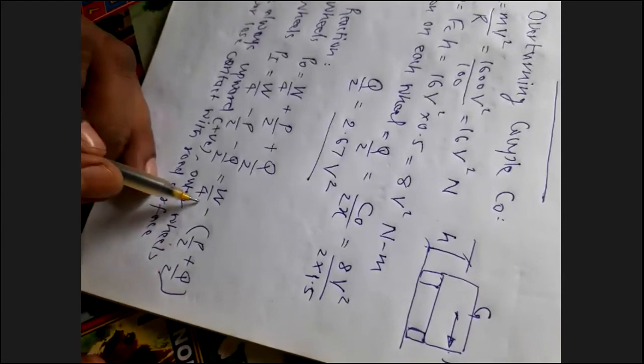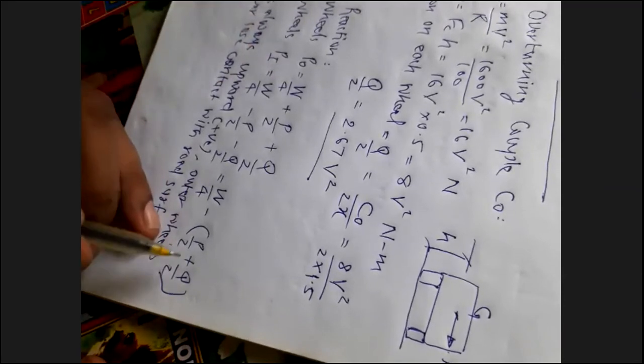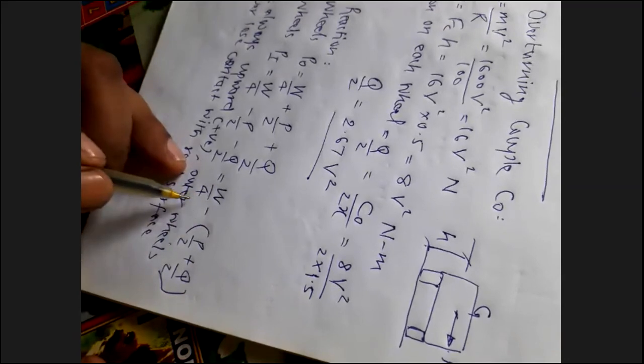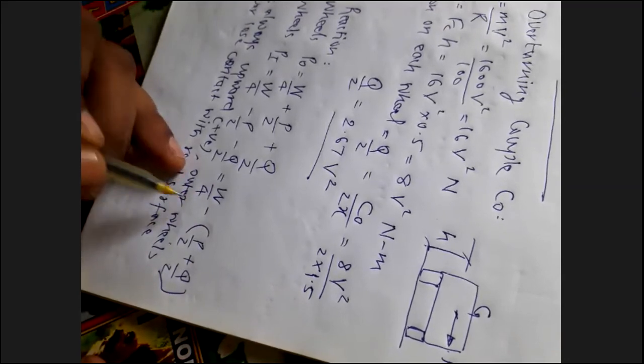Then what will happen? This reaction PI, the total reaction at the inner wheel, will become negative. If this becomes negative, that means this reaction will be downward. Therefore, the inner wheel will lose contact with the road surface. So for the inner wheel not to lose contact with the road surface, P by 2 plus Q by 2 should never be greater than W by 4. Right?